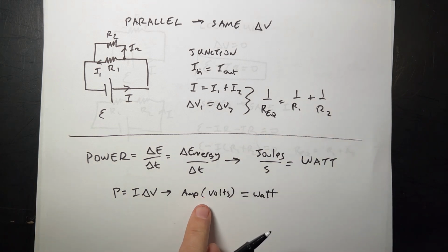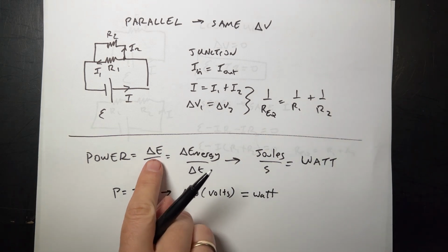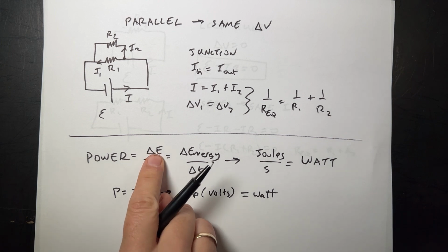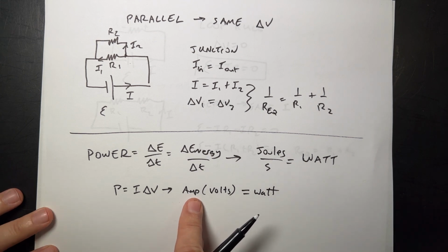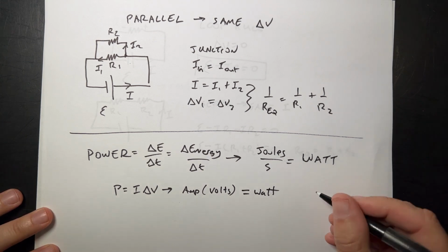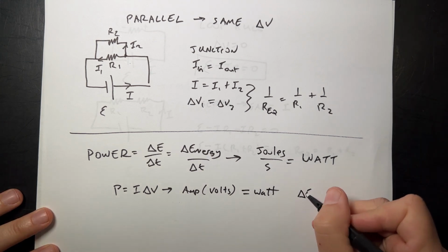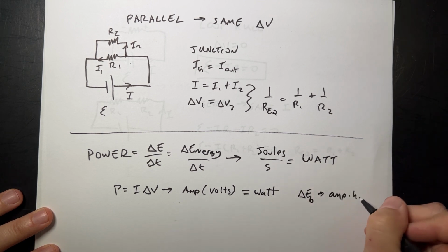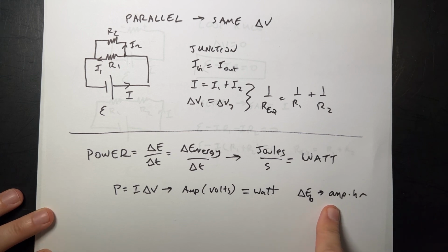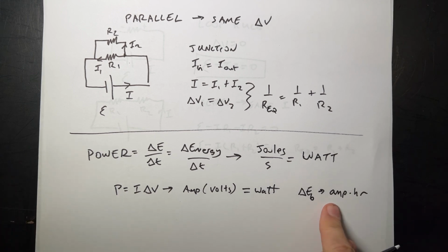A lot of times you will actually see the energy of a battery as power times delta T. And so if power is in amps times volts, a lot of times you'll see energy delta E for a battery in amp hours. Now it doesn't tell you everything, you need to know the voltage. If you take this, multiply it by the voltage, convert hours to seconds, you'll get the energy in joules. And we'll do that as an example just because it's fun. Yeah, that is a good one.